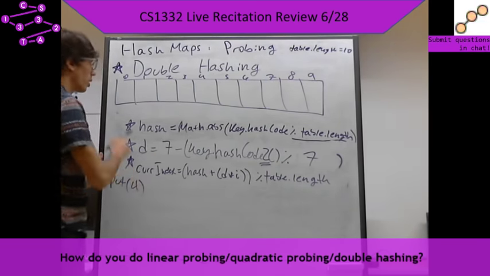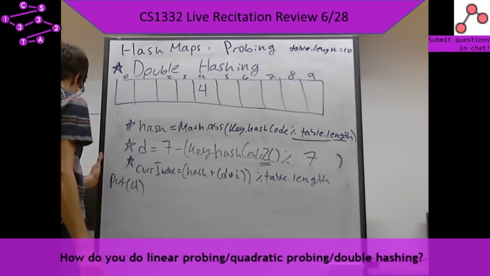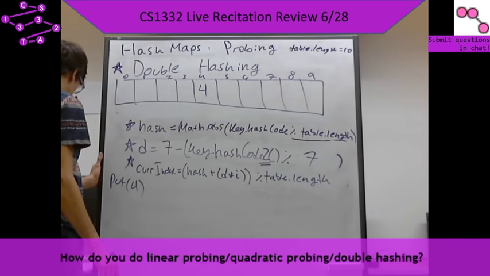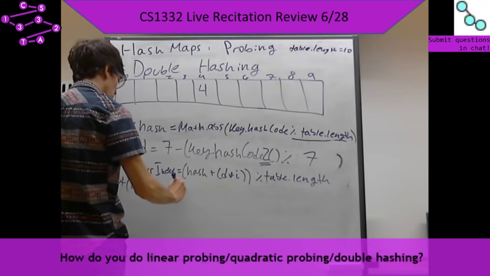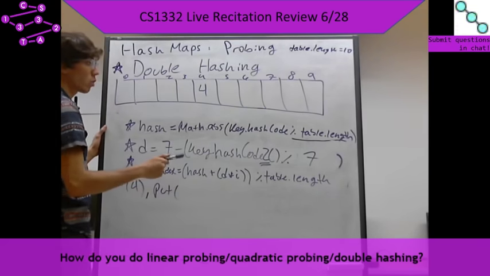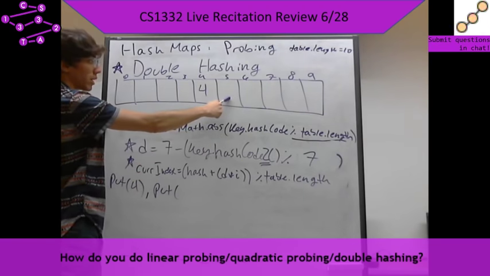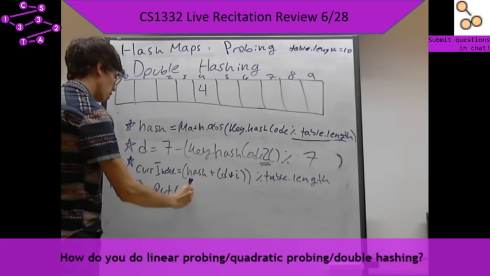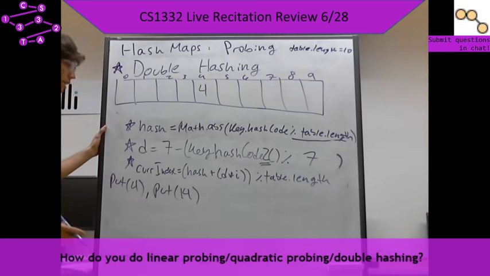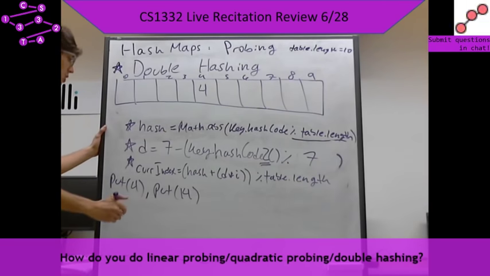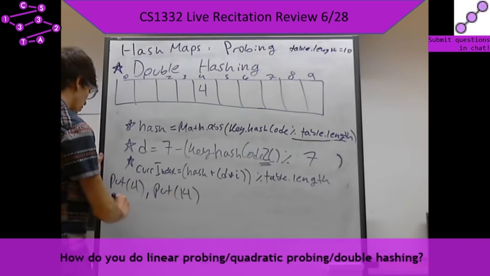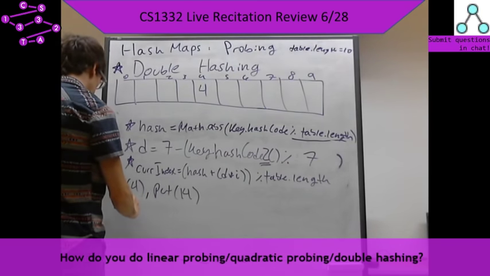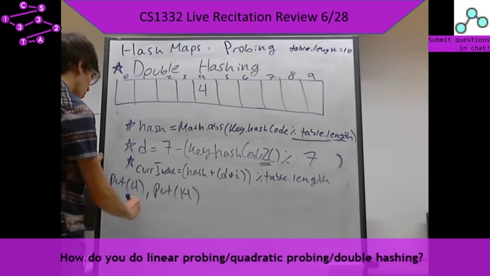So we put 4, that will map to 4. We put 14, and let's check this out. This one's kind of interesting, right? So in both linear and quadratic probing, 14 would have gone here, right? But let's do a little bit of maths and see what happens, right? So our initial hash is going to be 4, right? So for our current index, we're looking at 4 plus d is going to be what?